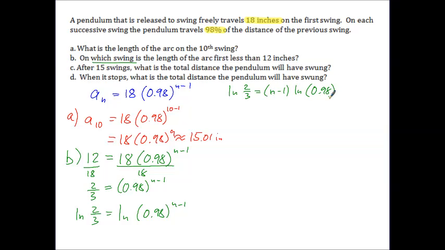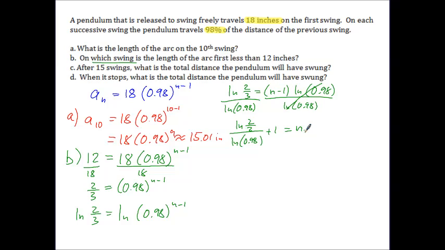And now we're going to divide both sides by ln of 0.98, which nicely cancels out here. So the only last thing we need to do then is add 1 to both sides, and we get ln of 2/3 over ln of 0.98 plus 1 is equal to n.